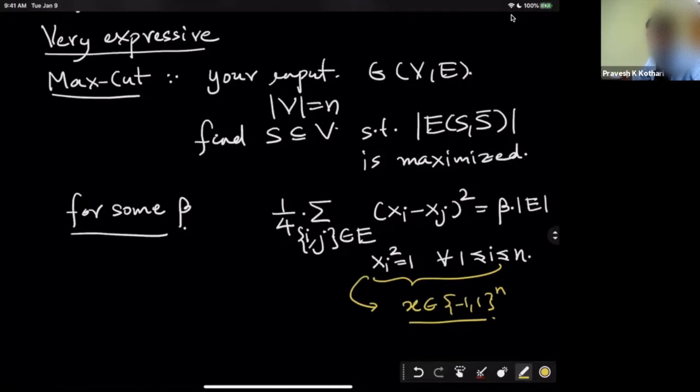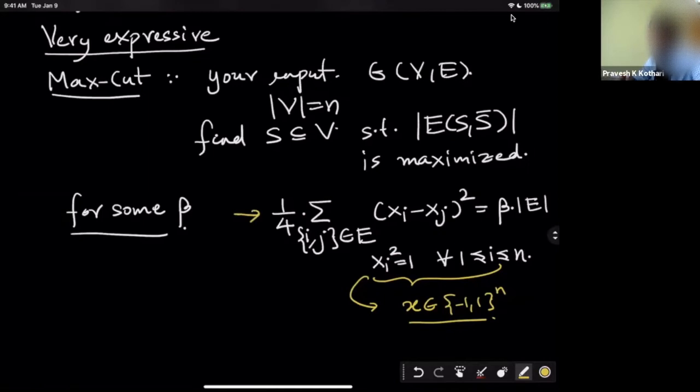by, for example, just thinking of the set of all vertices for which x has the coordinate 1. Now let me convince you that if you take the set indicated by any vector x like this, then the number of edges in the cut described by it actually equals this degree 2 polynomial that I've written down here. Why is that?